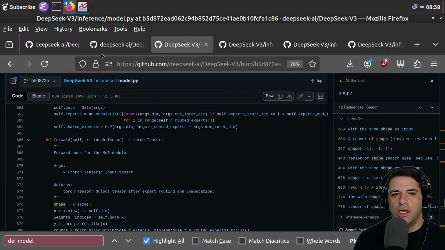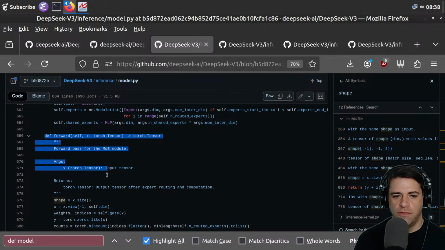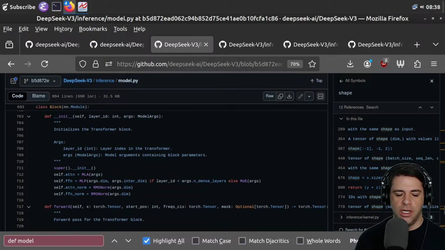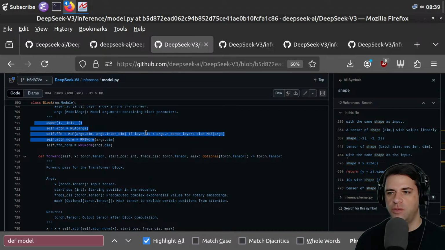So here's the model again. This is the DeepSeek V3 model. This is the forward pass. Here's a transformer block combining attention and feed forward layers. This is initialization. I'm not sure I know yet how I want to get information out of Torch source code.